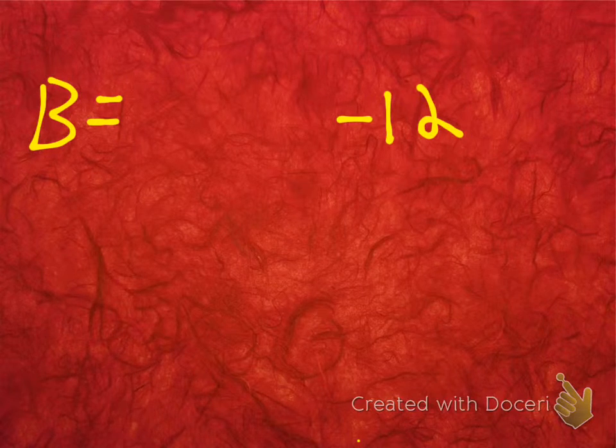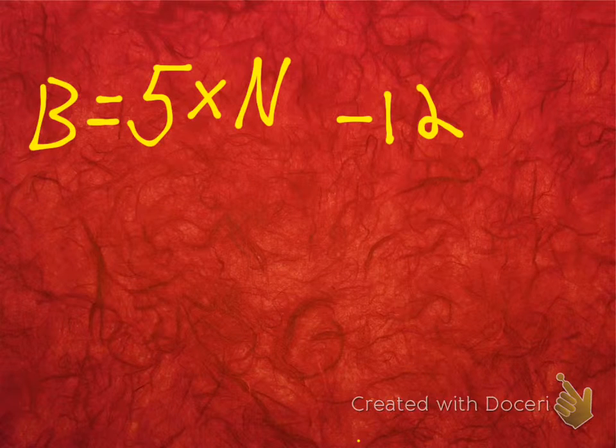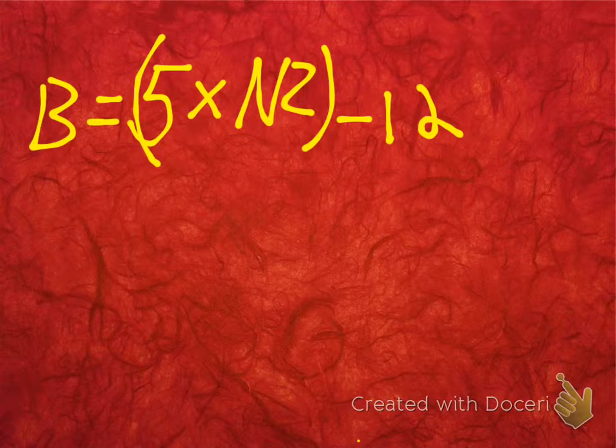Is 12 less than 5 times the elevation of Auckland, New Zealand. So this is all it said. We'll look at it again. Bangkok is 12 less than 5 times that of New Zealand.